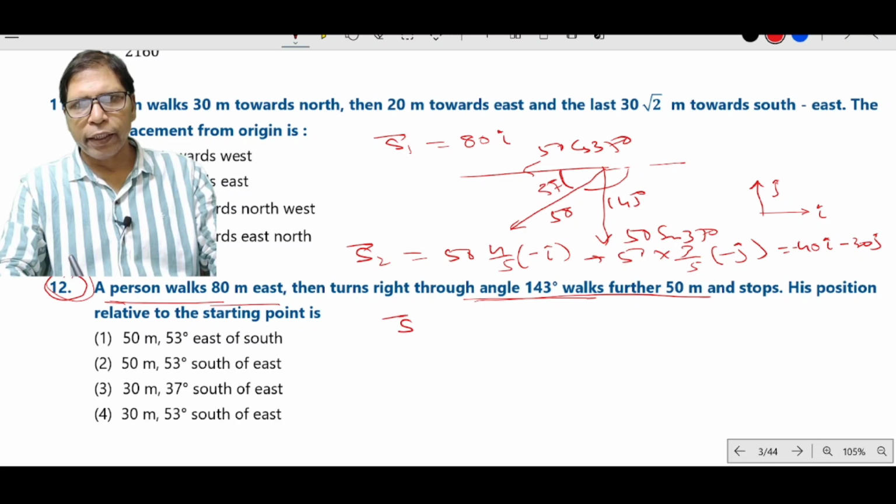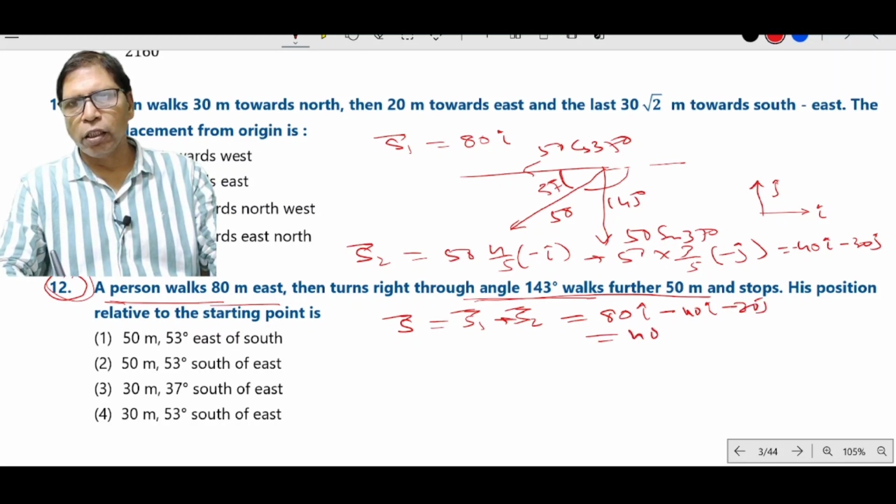So S vector equals S1 vector plus S2 vector. This equals 80 i cap minus 40 i cap minus 30 j cap. So this is 40 i cap minus 30 j cap. So S equals root under 40 square plus minus 30 square.